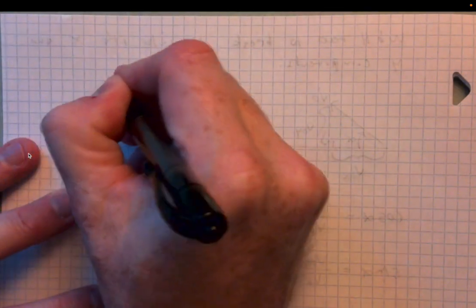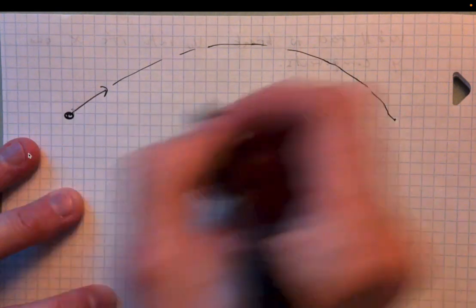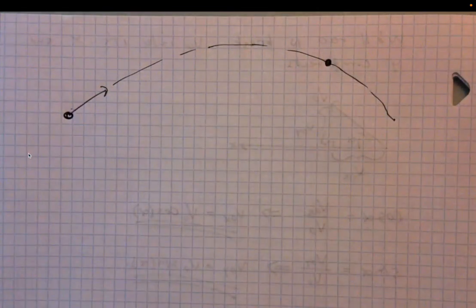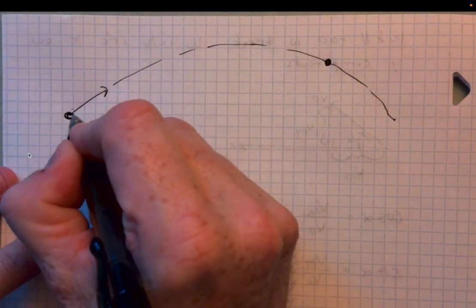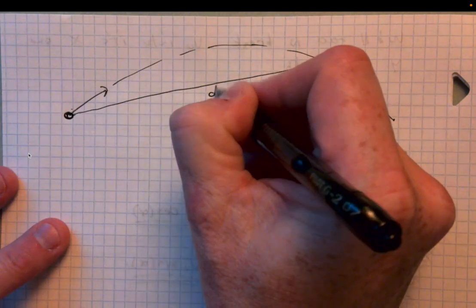Now, there's additional items that we can get from these expressions, right? So a couple of additional items that we can talk about is, at any time, the distance from the origin to the projectile can be calculated, right? So I've got some projectile motion, right? Here's my origin. If I want to know how far away from the origin I am at this particular point, and I'm specifically wondering, what is that straight line distance?